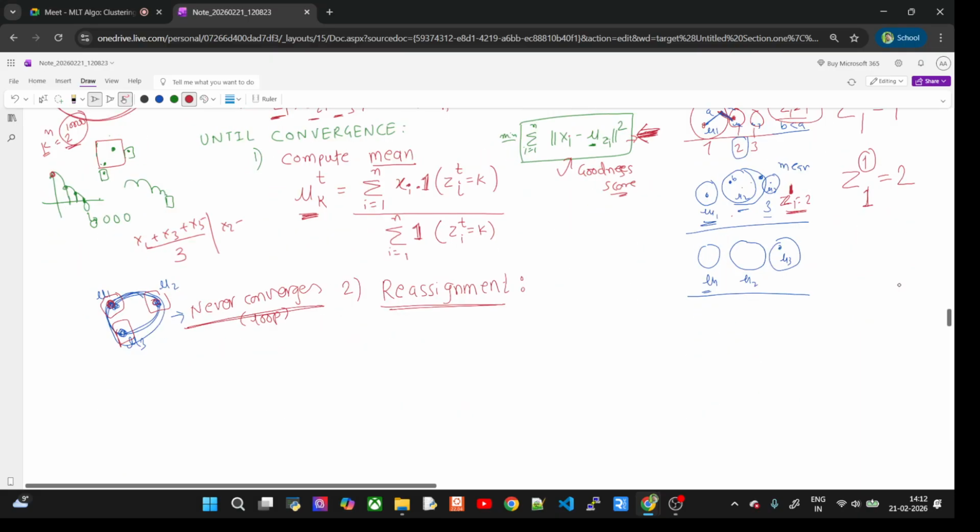So in the reassignment, for all values of i, means for all points, your z_i of t plus 1. Earlier I showed z_1 of 0 is 1, z_1 of 1 is 2 now. So this iteration is changing.